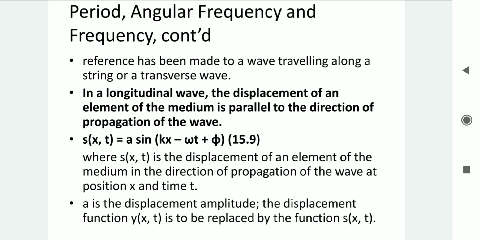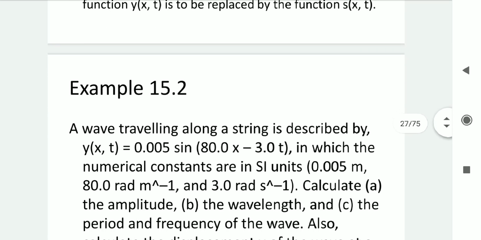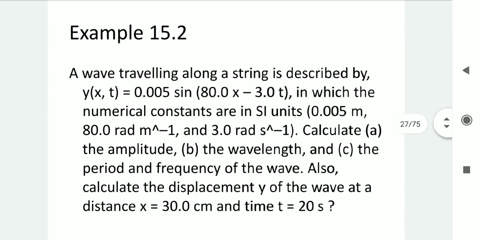Now let us go through an example for the same. A wave traveling along a string is described by y(x, t) = 0.005 sin(80x − 3t), in which the numerical constants are in SI units: 0.005 meter, 80 radian per meter, and 3 radian per second.